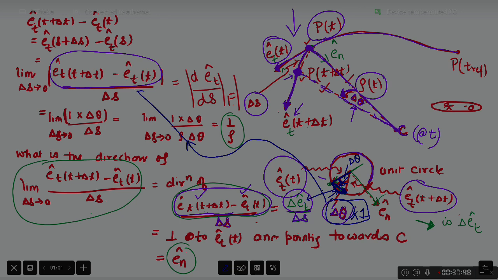So I'm saying that in the limit delta S going to 0, this quantity will become more like 1 times delta theta, and in the same limit delta S will also become a function of delta theta. And to find what function that would be, I go back to this figure. Now look at this figure. Here delta S is this arc.